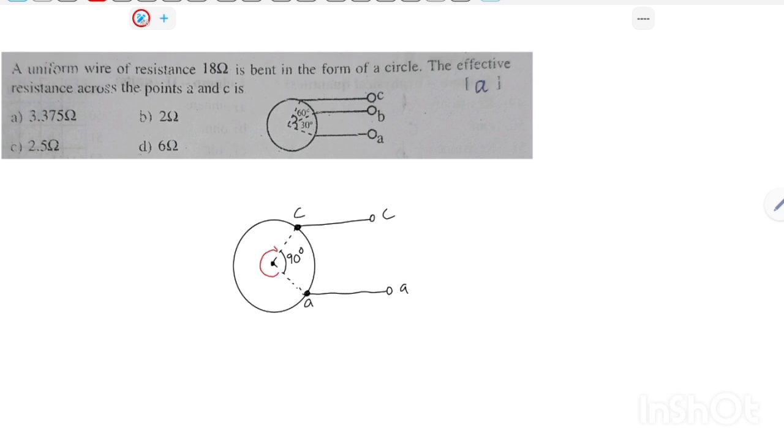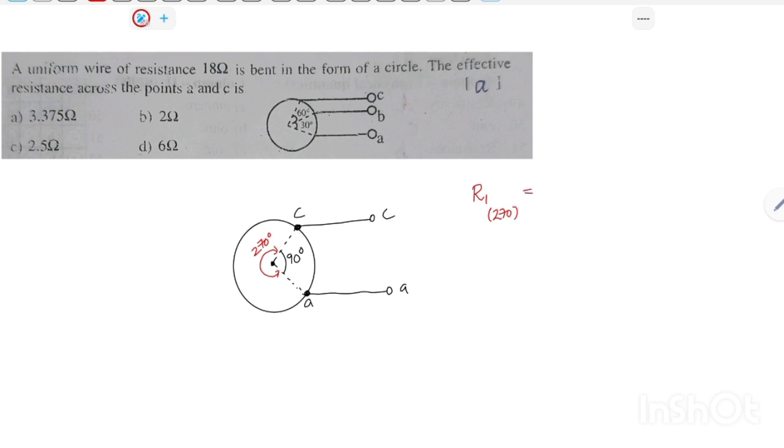This angle will be 270 degrees because the sum of two angles must be equal to 360 degrees. Therefore, let me consider first resistance R1 for the wire which is making 270 degrees angle with the center.